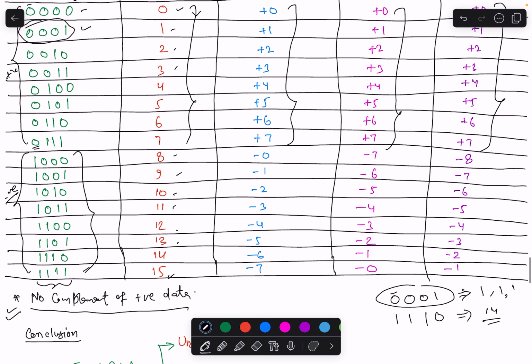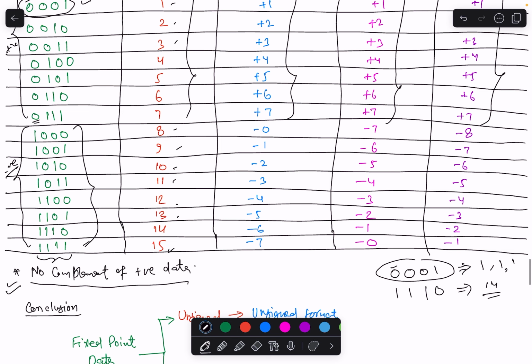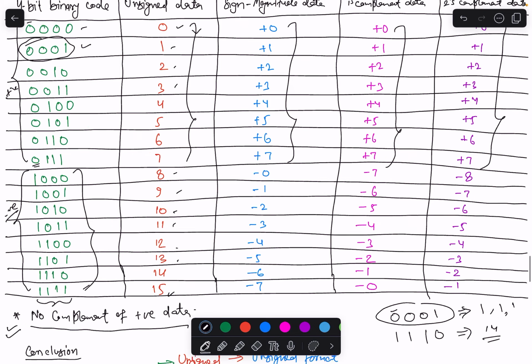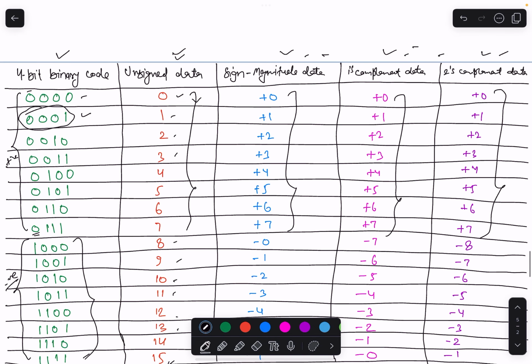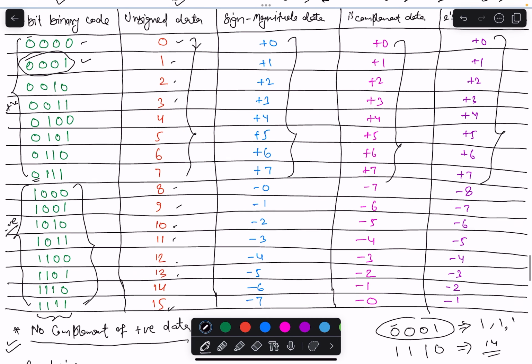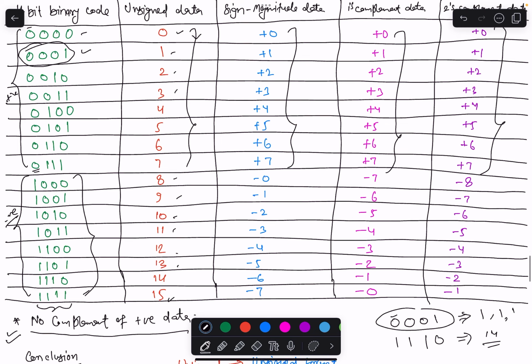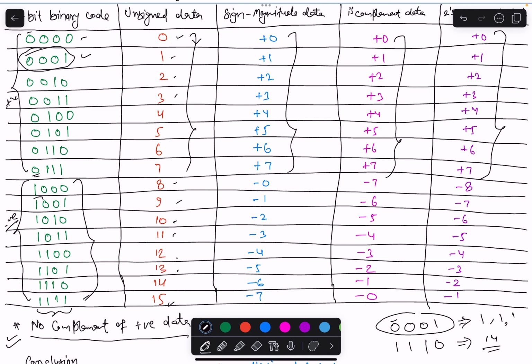In the last video we saw how to find the sign magnitude values, one's complement values and two's complement values. Let's talk about the sign magnitude format, the third column. How will you find the sign magnitude? Suppose we are talking about this 1001. This 1 is for sign, the MSB bit.